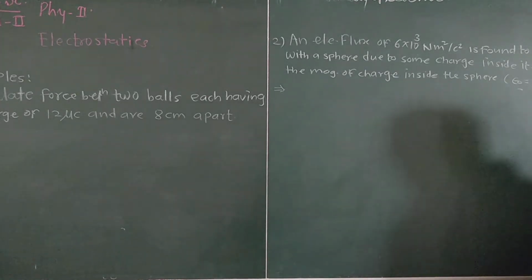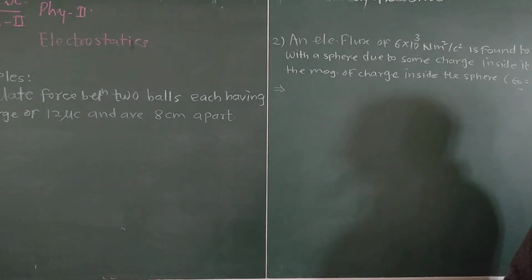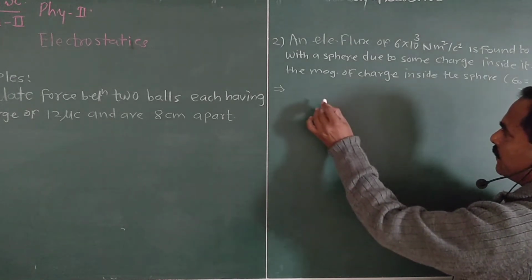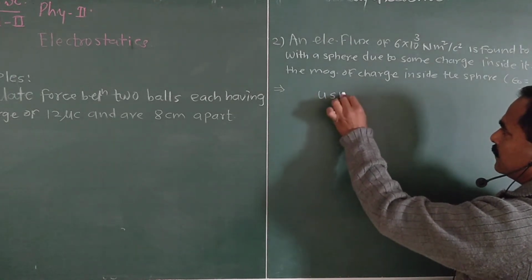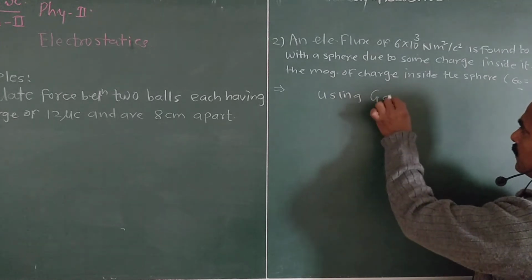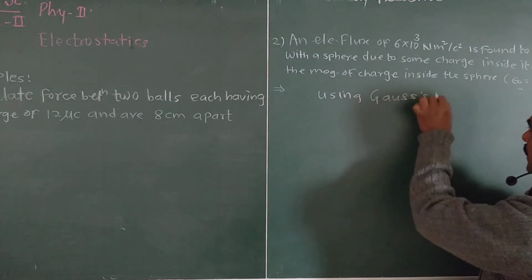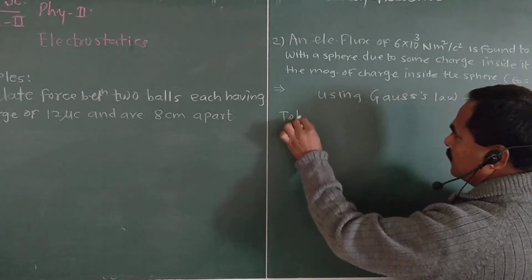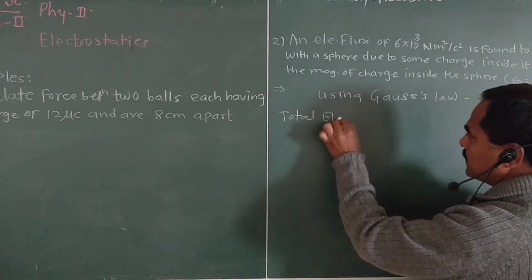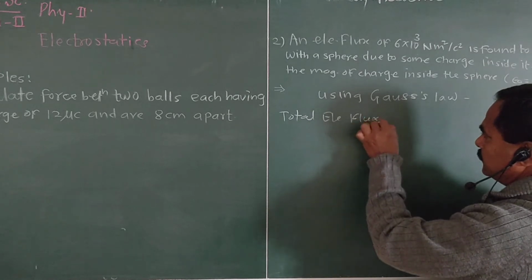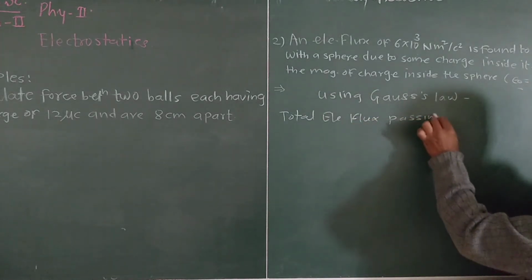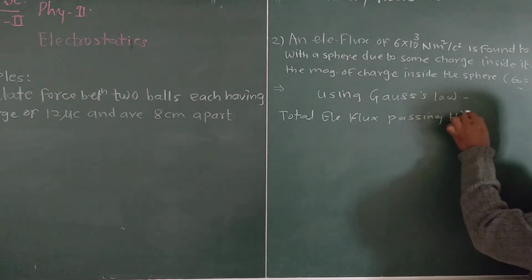First, you write the formula according to Gauss law, total electric flux passing through the surface.